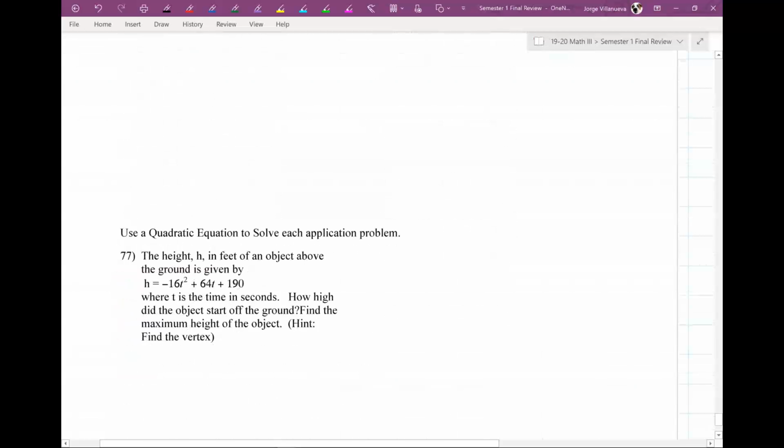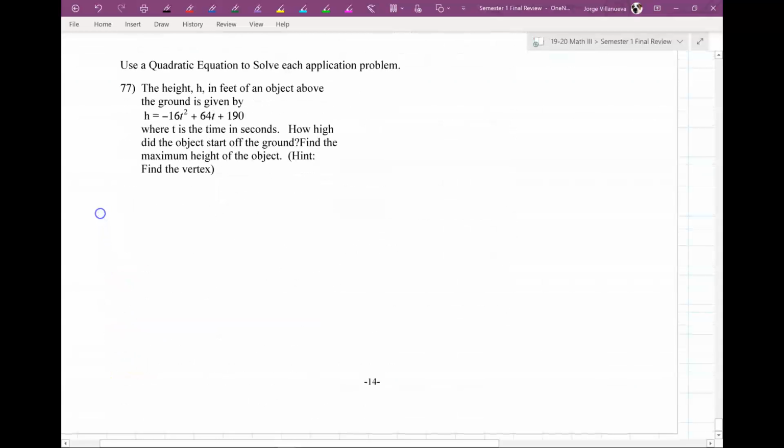All right, so number 77. Use the quadratic equation to solve each application problem. So we might have to use that big equation here. This is the quadratic equation: x equals negative b plus or minus the square root of b squared minus 4ac, divided by 2a.